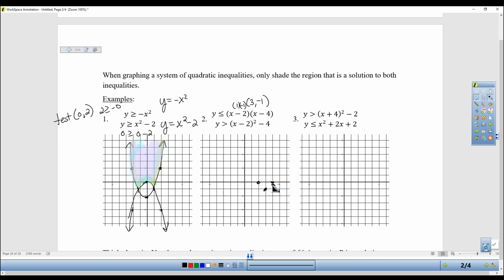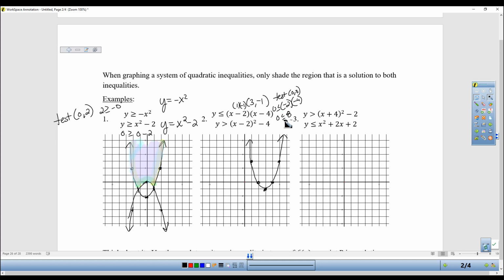If I were to multiply it out, which I'm not going to do, its A would be 1. So I can use (0, 0), (1, 1), (2, 1), 2, 3, 4. (0, 0) is available to test. When I test (0, 0), I get 0 minus 2 times 0 minus 4, which is positive 8.